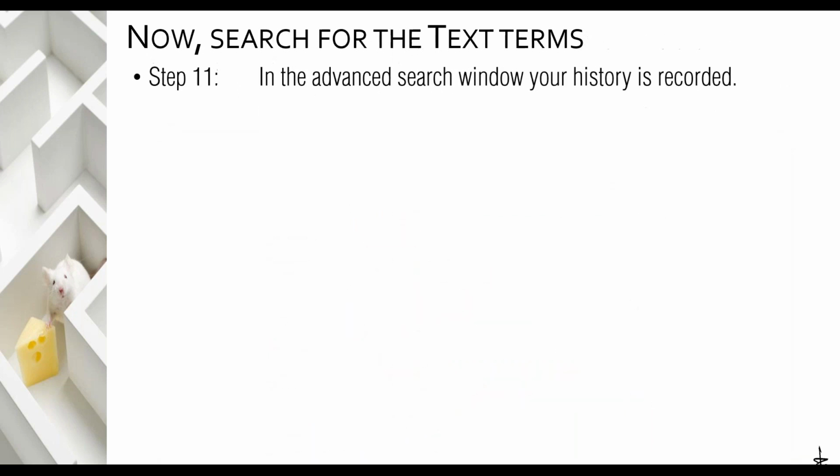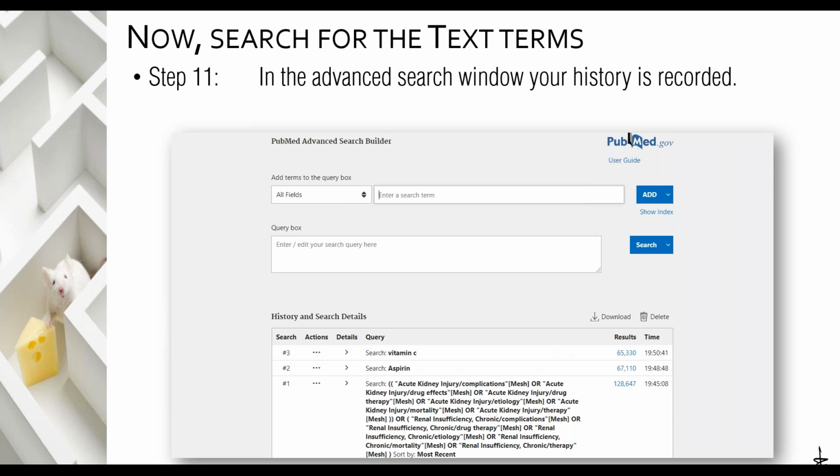The advanced search gives you a history of all the searches that you've done so far since you started your session. You remember when I was searching for one and erasing it and putting in the other, they're all here and you can see them at the bottom of the screen.